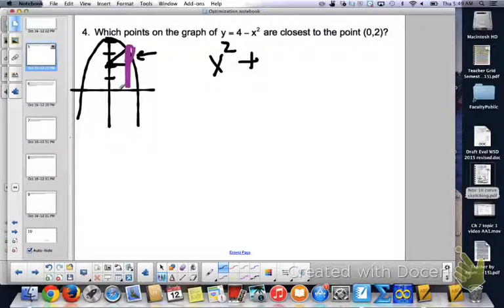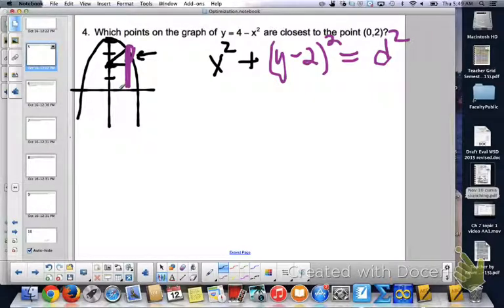So x squared plus y minus 2 squared equals the distance squared. And that distance is what you want to minimize.